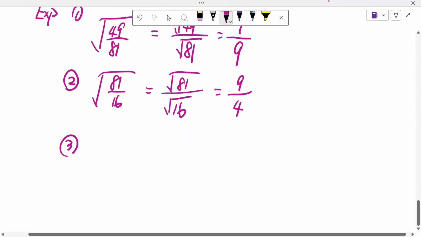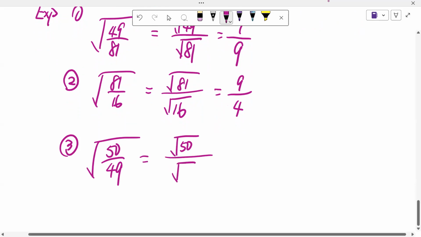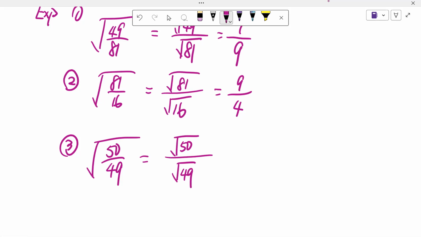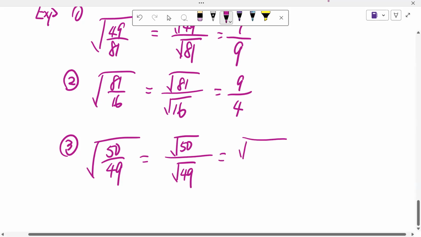Let's say we get the square root of 50 over 49. First of all, we will split up as the square root of 50 over the square root of 49. For 50, we're going to break down as 25 times 2. The maximum perfect number going into 50 is 25.